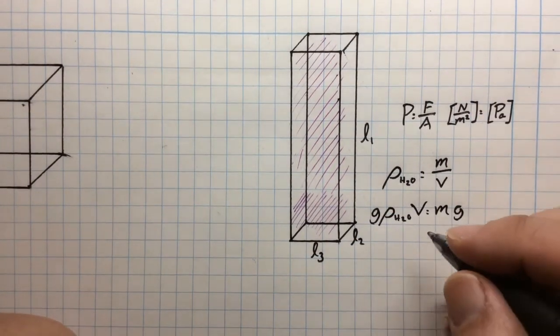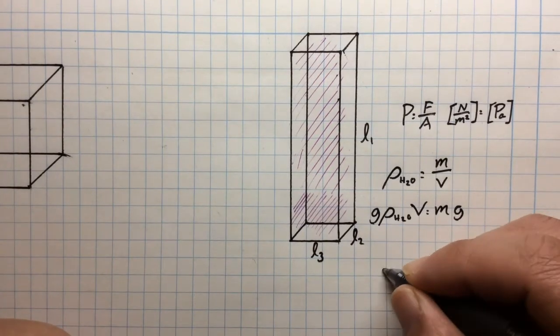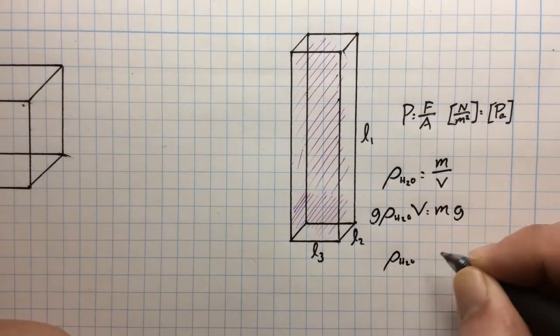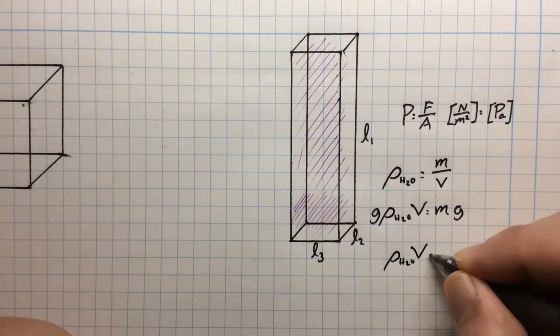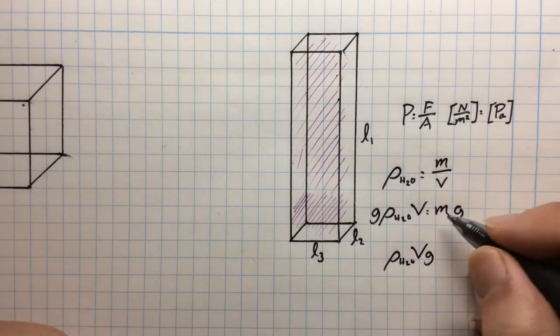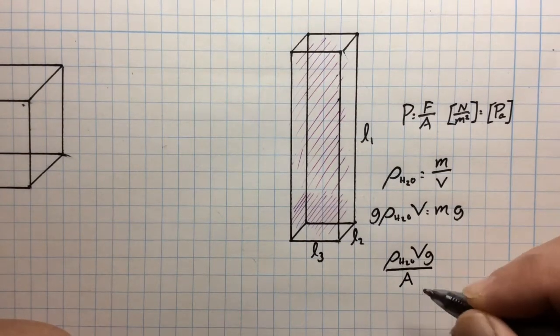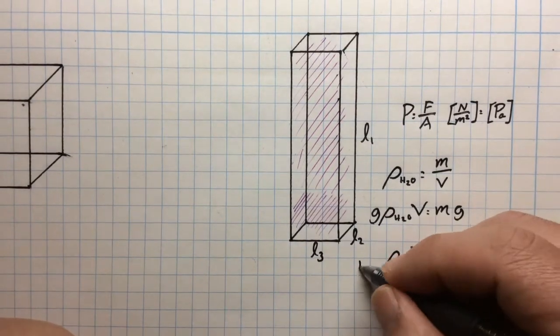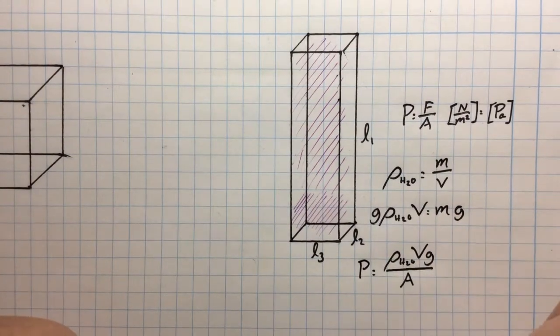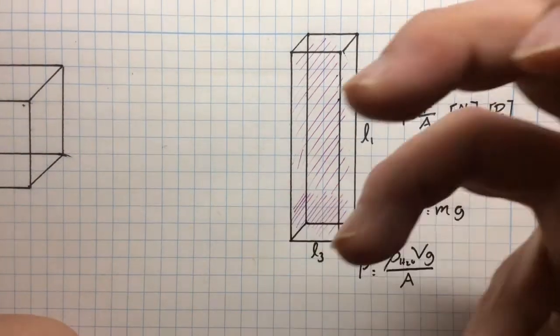If we take this, I'm going to rewrite it as rho of water times the volume of water times g, so essentially m times g, and we divide that by some area A, and then we should get this pressure P at the bottom. That's just based upon how much stuff is in there.